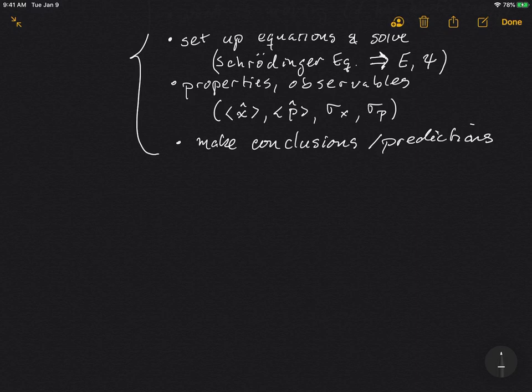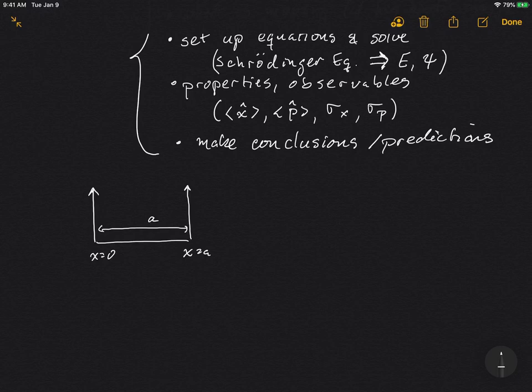We're going to first set up our diagram. We have a particle inside a box, and so we set up our box and we set up our coordinates, x equals 0 and x equals a. So we have a box of width a.